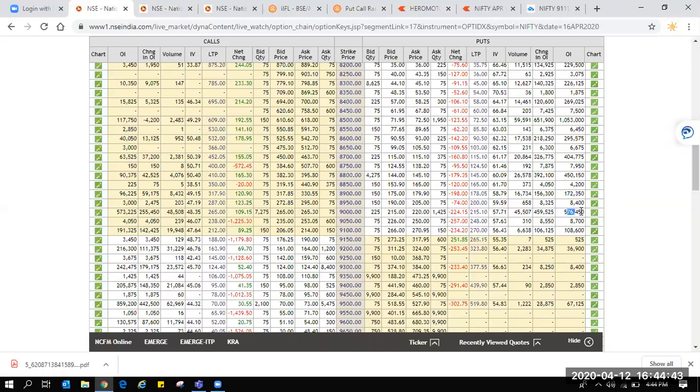It will take support immediately at 9,000, at the nearby strike with 5 lakh, then immediate support will come at 8,800, and then the support around 8,500. So based on the option chain on the put side, the first support is 8,500 as per the OI, the second support is at 9,000, and the third support at 8,000, sorry, 8,800.